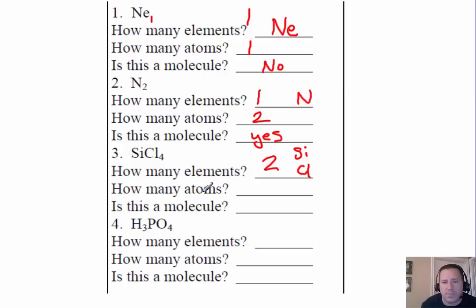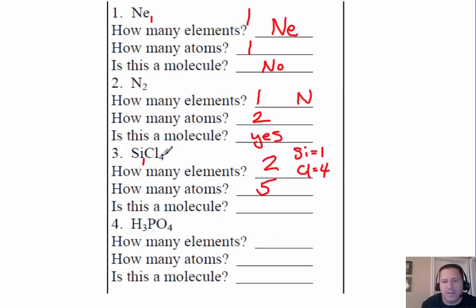How many atoms do we have here? Let's start from the left and work our way to the right. We don't see any subscript down here, so we know that that subscript is an invisible 1. And this has a 4. So I have 1 atom of silicon, and I have 4 atoms of chlorine, for a total of 5 atoms.